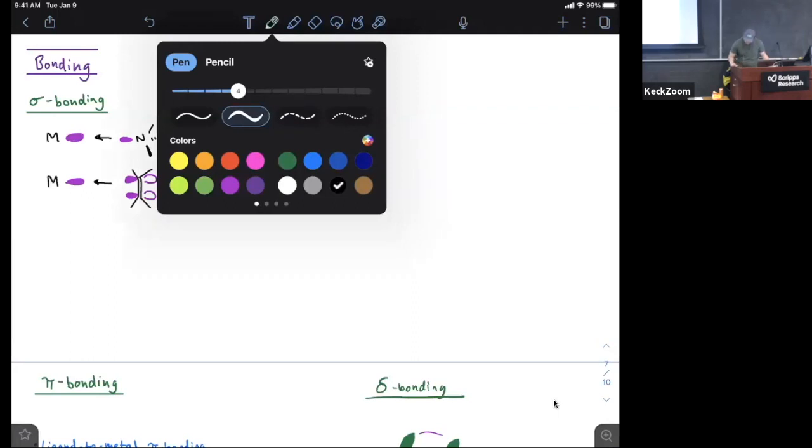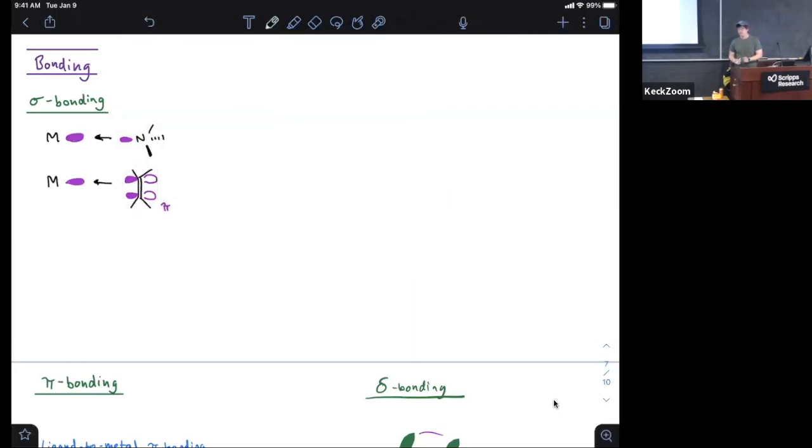In terms of the types of bonding that we encounter in organometallic complexes, there's a sigma bond, remember this nomenclature, sigma, pi, and then delta. This just refers to the symmetry of the orbitals that are involved in bonding, directly analogous to what we learned about main group elements.